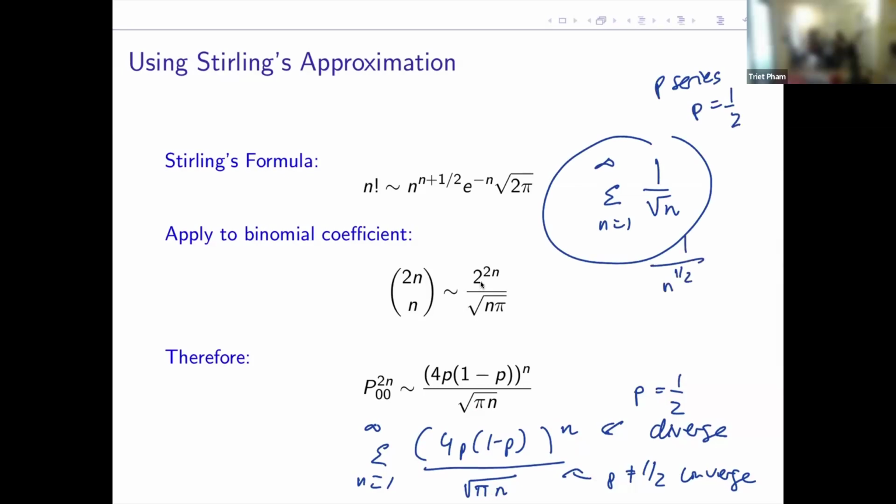And you can do integral tests here if you want, or a comparison test. If p is between 0 and 1, the series will diverge. So when p equals 1/2, this reduces to a p series.